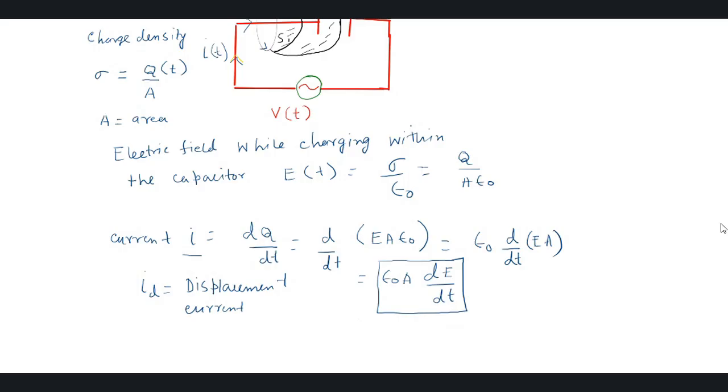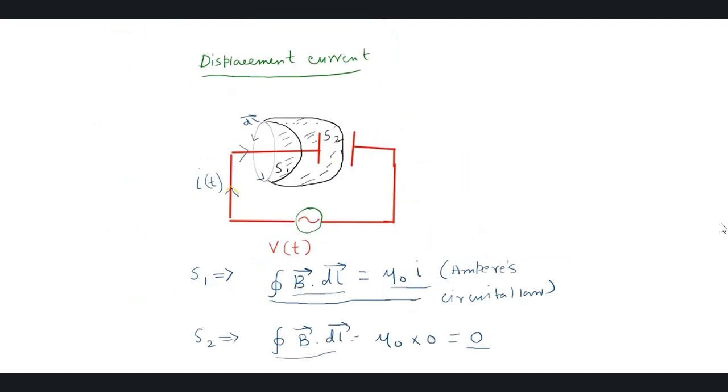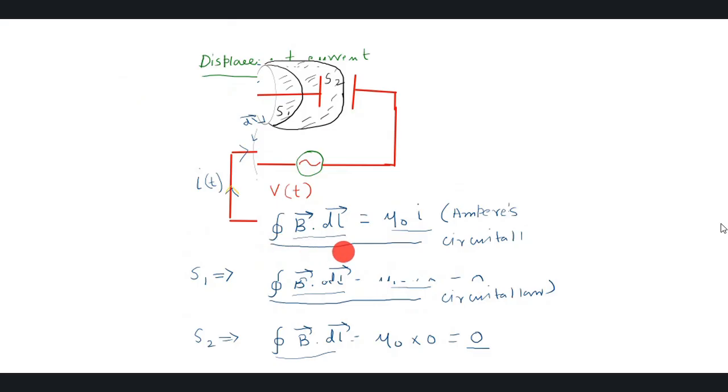He suggested that we must include this displacement current as well to eliminate the discrepancy that we had here, that once it is giving the line integral over the same contour as some finite quantity, and once it is giving 0.